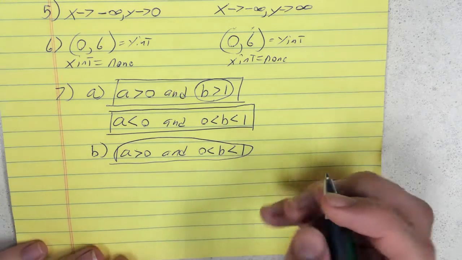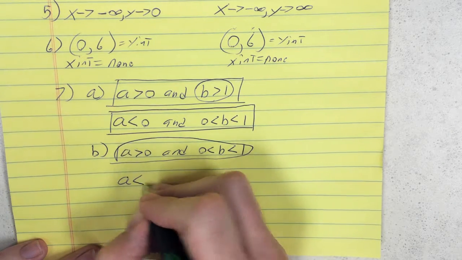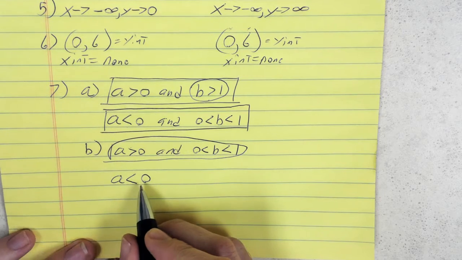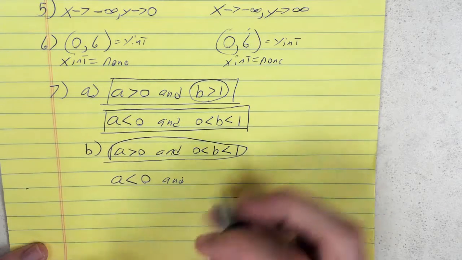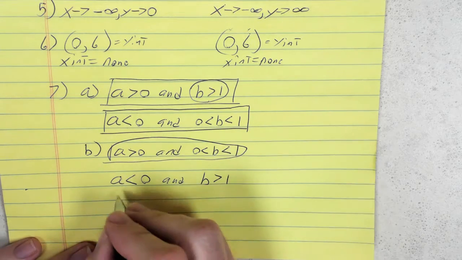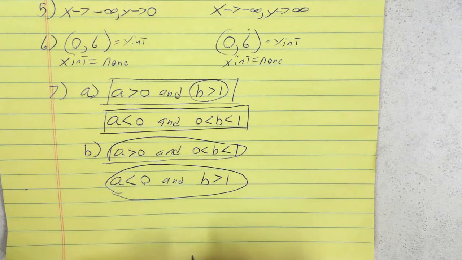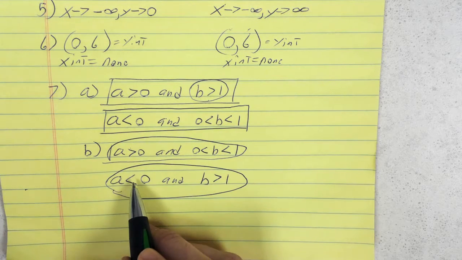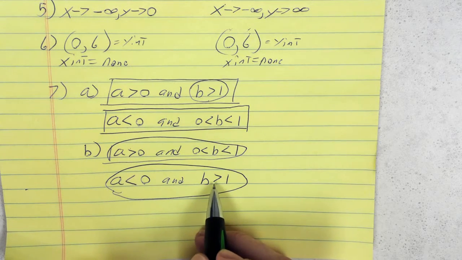That's the primary way that we make them decreasing. We can also make them decreasing when we have an a that is less than 0, so a negative a, and a b that is greater than 1.